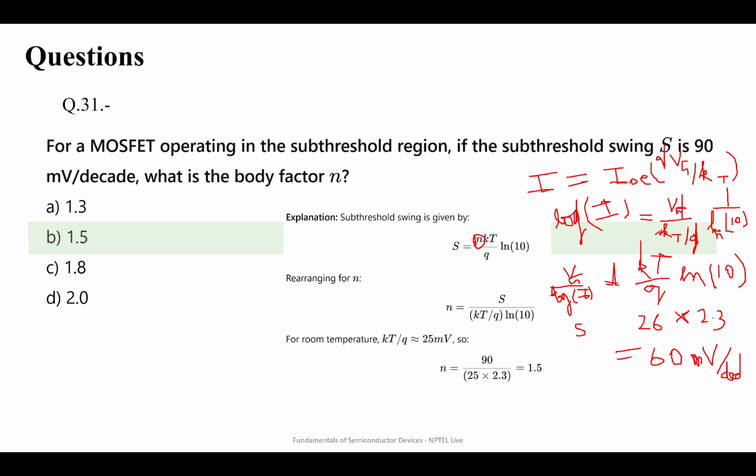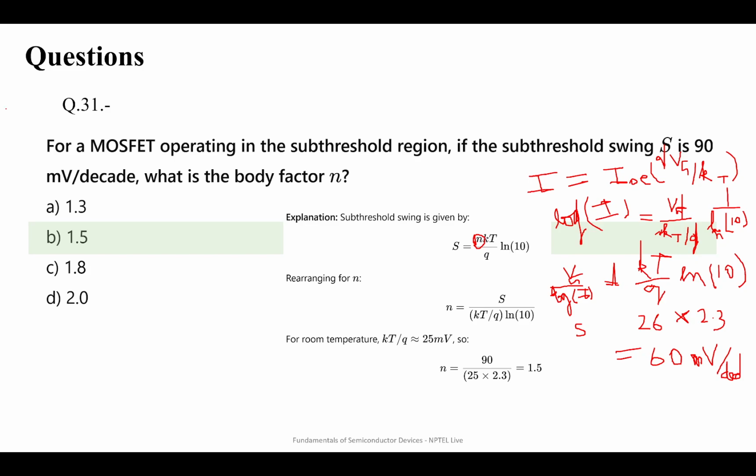Subthreshold swing increasing means subthreshold slope is decreasing, since subthreshold slope is the inverse of subthreshold swing. If I put n equal to 1.5, my subthreshold swing is 90. Ideally, you want your subthreshold swing to be as low as possible, but at room temperature the thermodynamic limit is 60 millivolts per decade.